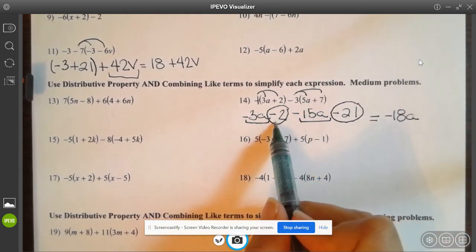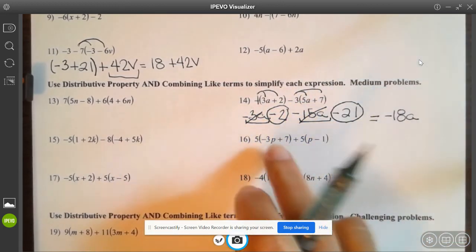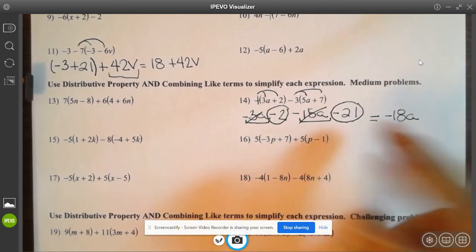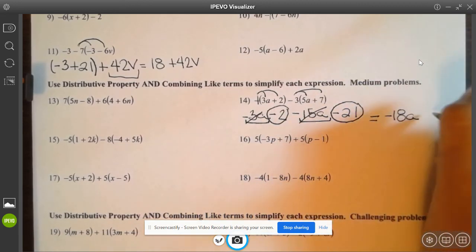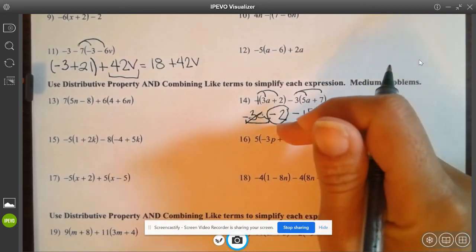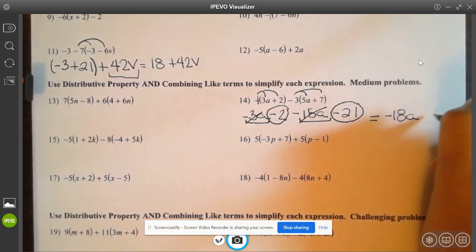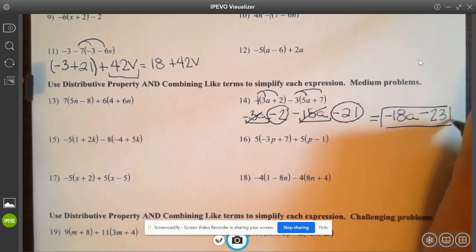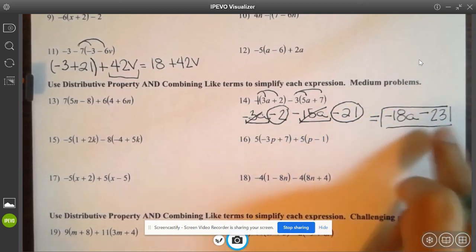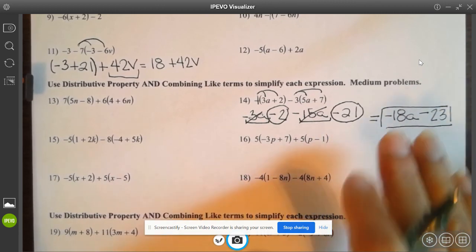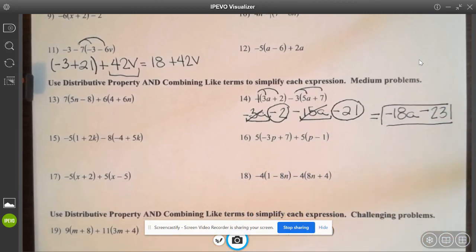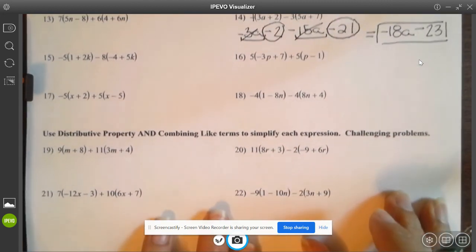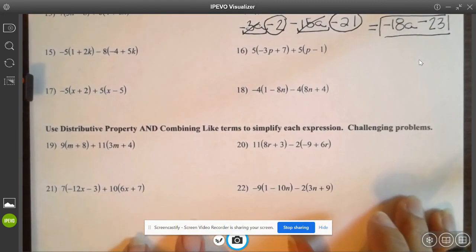Now -2 minus 21, you add again, but your answer is negative, that is -23. And you are done. This is your answer. Why? Because one has an a, the other one doesn't, so you cannot do anything further. This is simplified, okay?